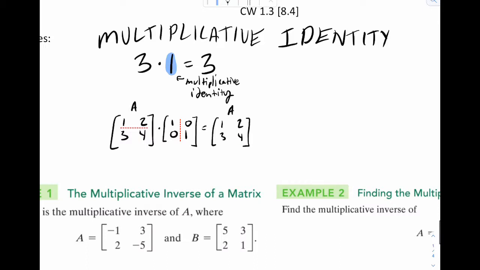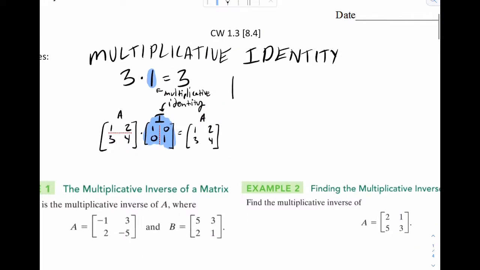So this thing, we call I, that's the multiplicative identity in matrices. So you want to highlight this. This is what we're working with. So if I extend that concept further, what we want to do is understand if I have 3 and I multiply it by 1/3, notice how I get back your identity.